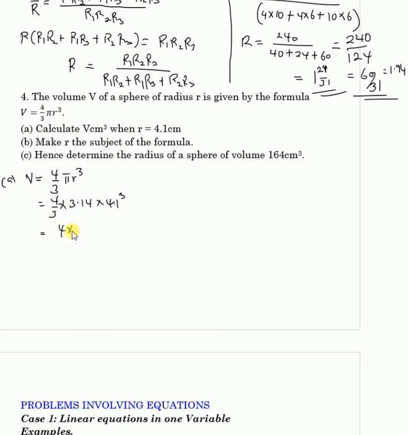this one is the same as 4 times 3.14 times 4.1 power 3 divided by 3.